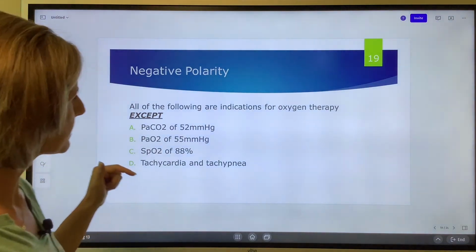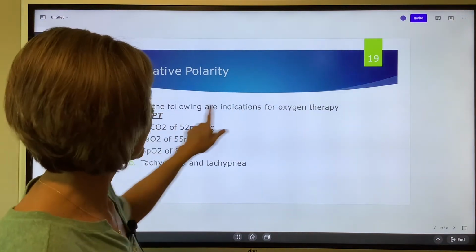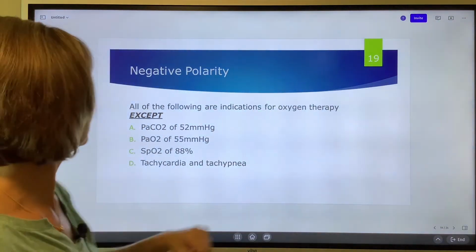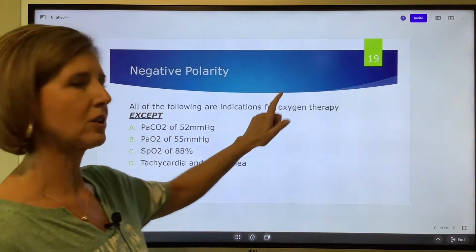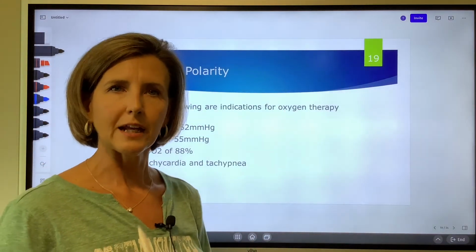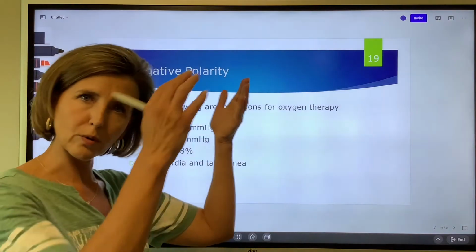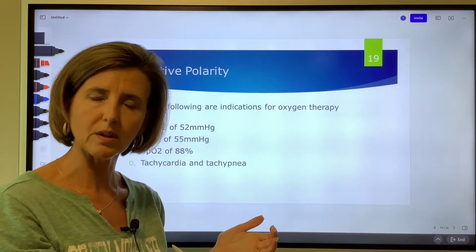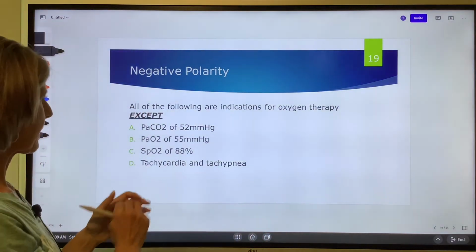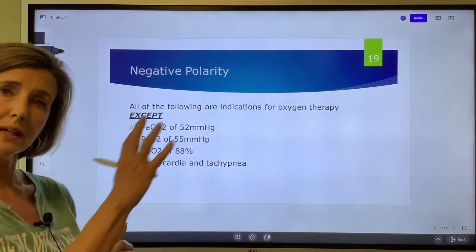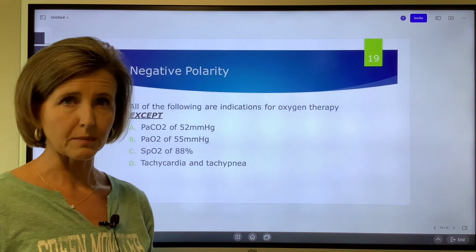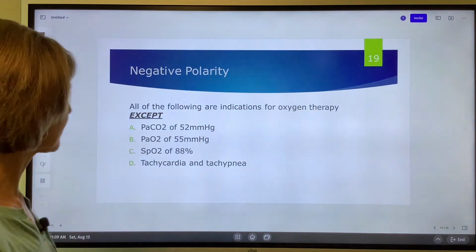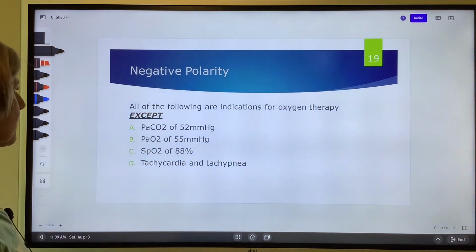We do that on purpose because your brain stops here and what you've really seen is indication oxygen therapy. And if you don't read that except, you go right into the answers looking for reasons to put them on oxygen. Okay, so this is the except, meaning all of these are reasons to put somebody on oxygen except one of them. All right, so then start going down the list.